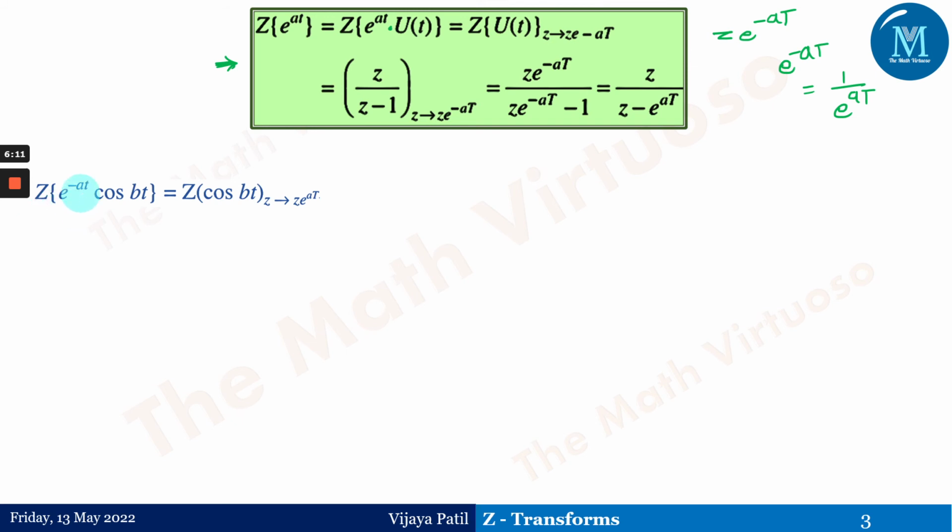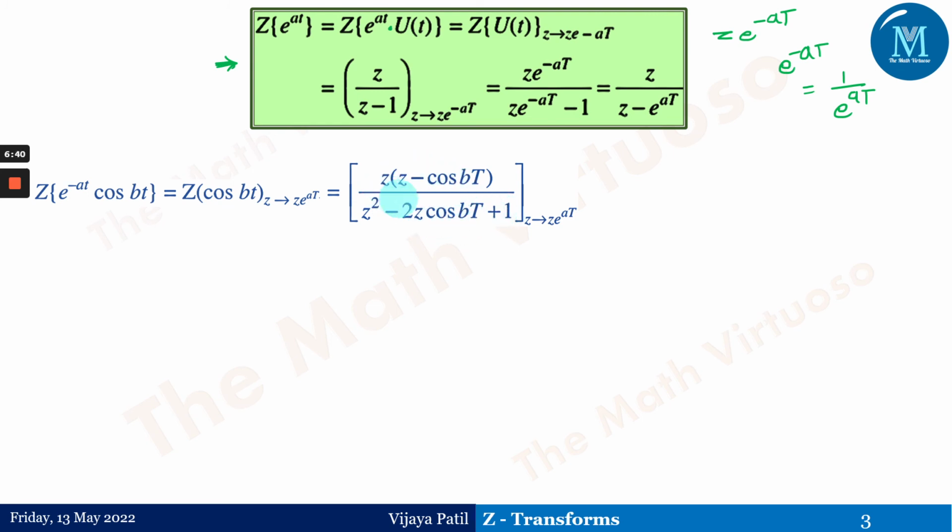The Z transform of e to the power minus at cos of bt is nothing but the Z transform of cos of bt at z tending to z e to the power at. From the previous slide, we have already seen that the Z transform of cos of bt is z into z minus cos of bt upon z square minus 2z cos of bt plus 1.